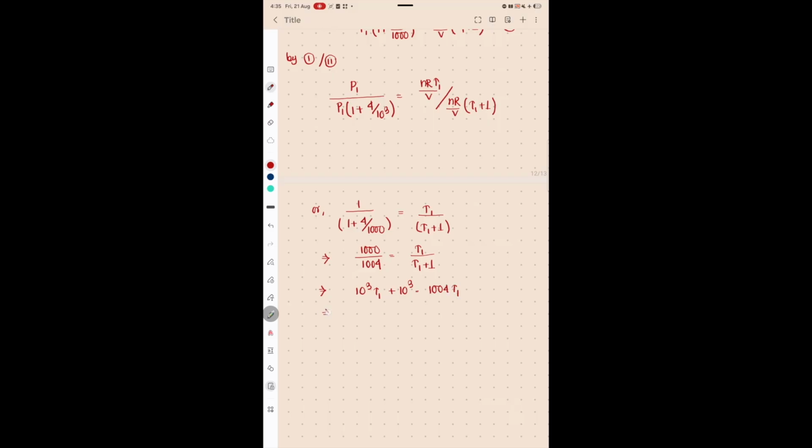So 10^3 = (1004 - 1000) T1, so 4 T1 = 1000, or T1 = 1000/4, that is 250 Kelvin.